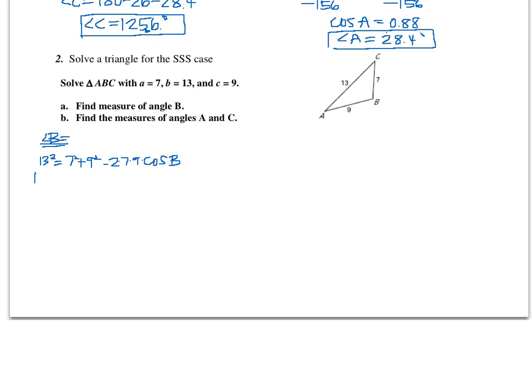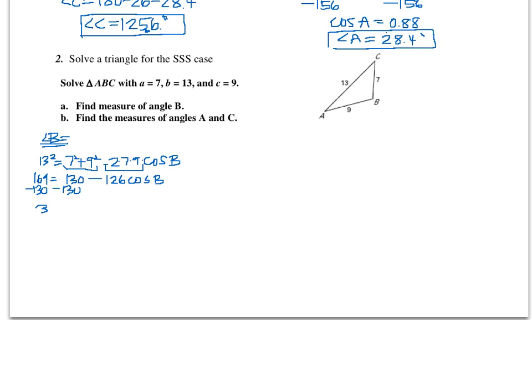13 squared is 169. We suggested in the last problem that you do the squares first. 7 squared plus 9 squared is 130. Minus 2 times 7 times 9 is 126 cosine B. Again, these two cannot be added together. I have to move the 130 to one side.